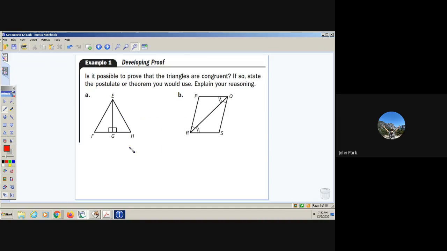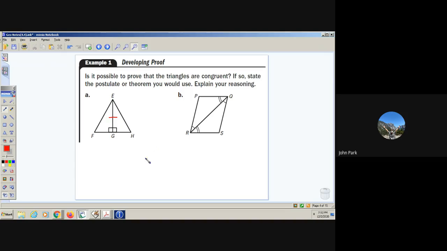So let's take a look at some examples of how we use that. We have a picture here. Now, again, these two angles here are right angles, so they're congruent. And we don't know anything about any other angles. We do know this side here that's overlapping, that's congruent to itself. So we have one side and one angle congruent to one side and one angle of the other triangle.